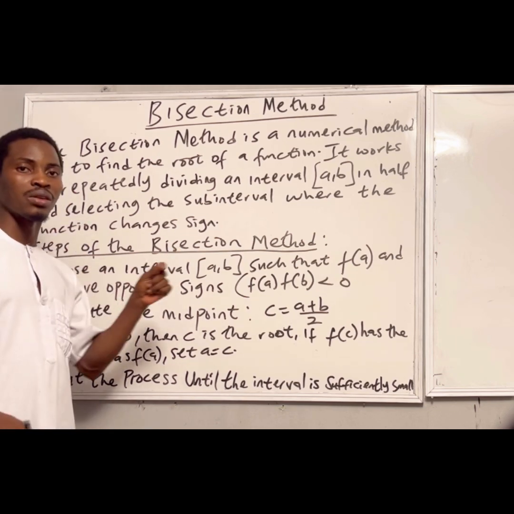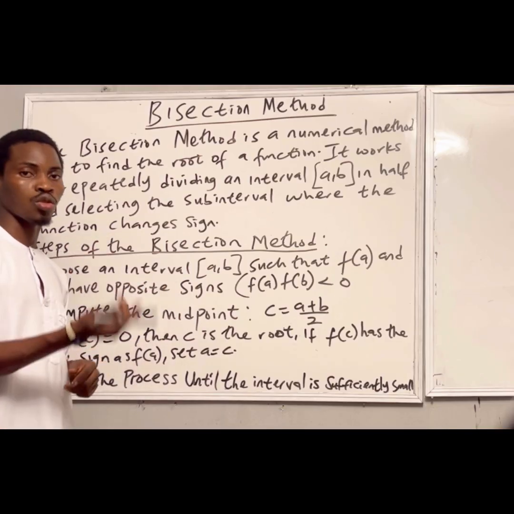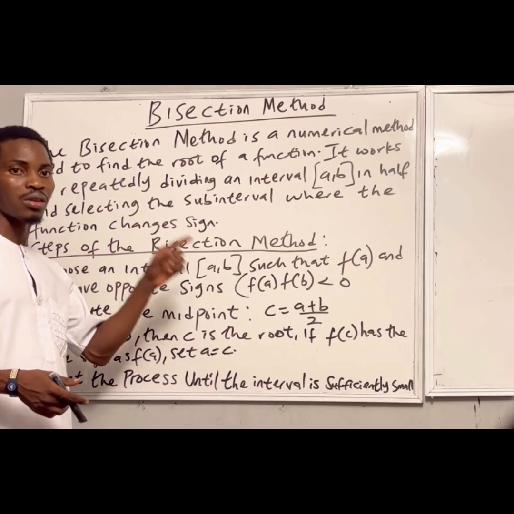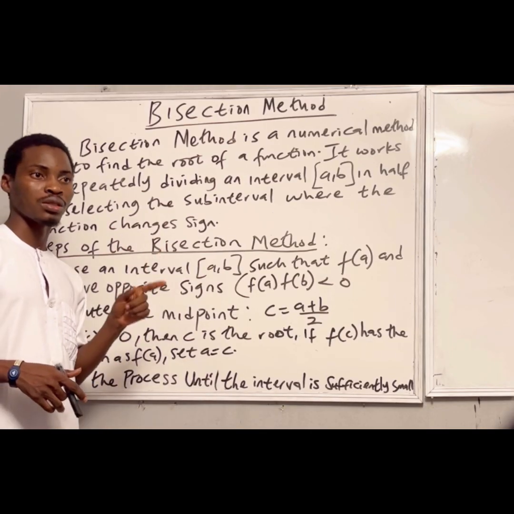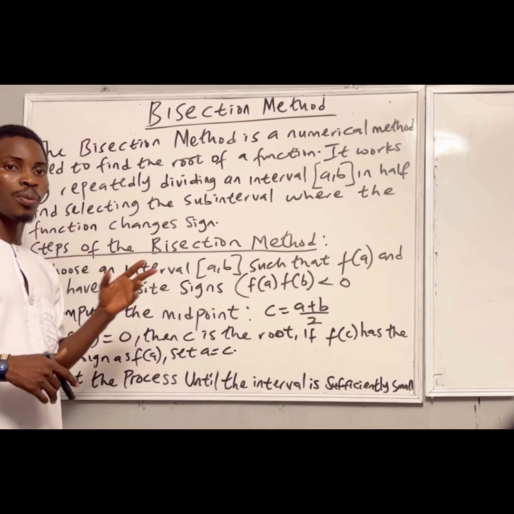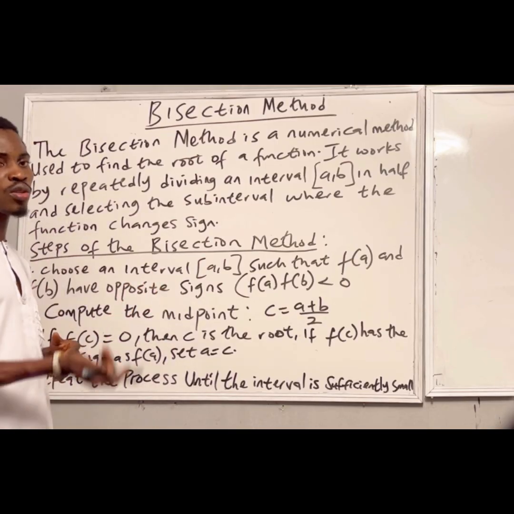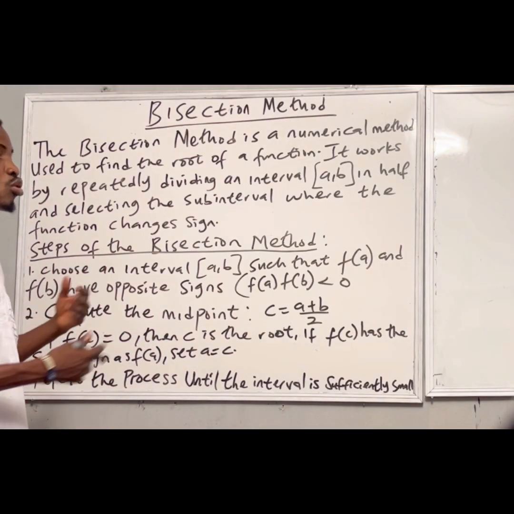We are not going to consider minus and minus. We have to consider minus plus or plus minus. The opposite of minus is plus, and the opposite of plus is minus.